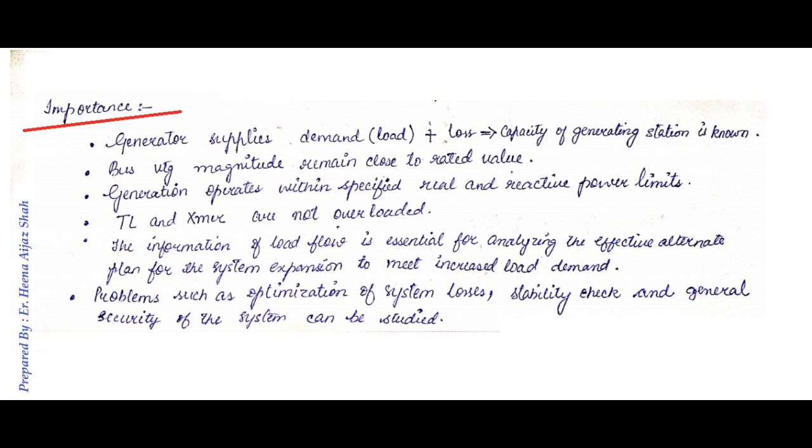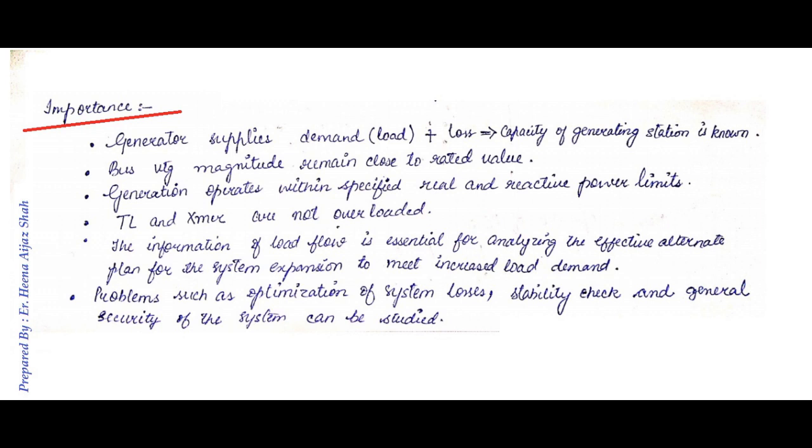Similarly, the generator will operate within the specified limits of active and reactive power. By knowing all the values, we will operate the system in such a manner that the transmission line and the transformer will not be overloaded.